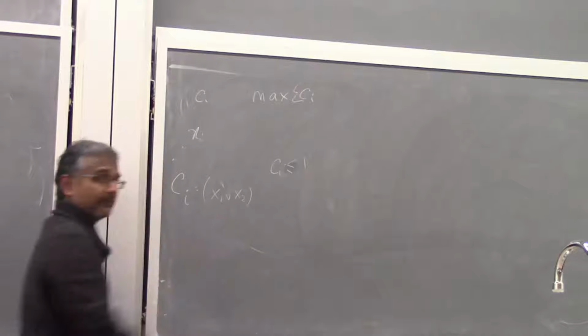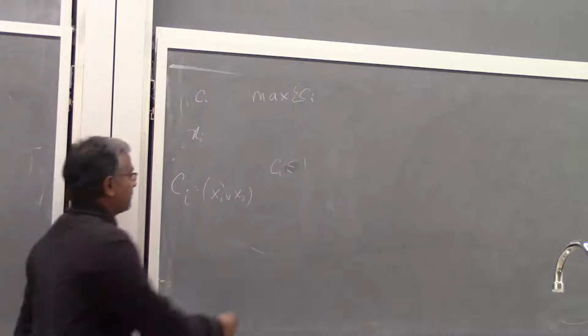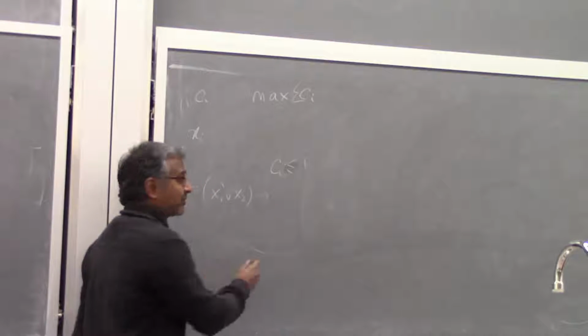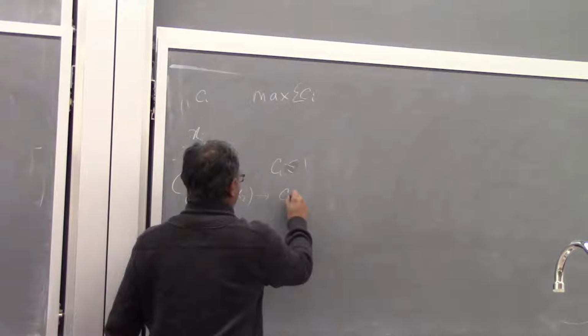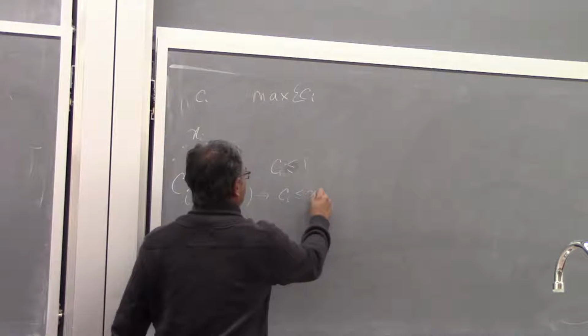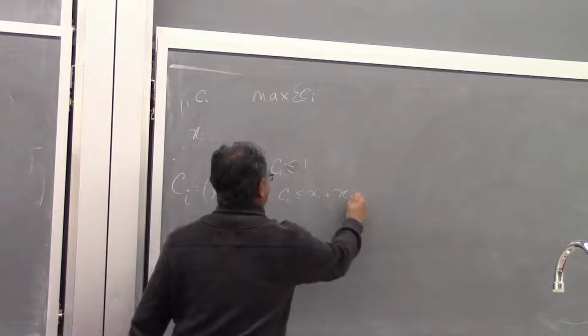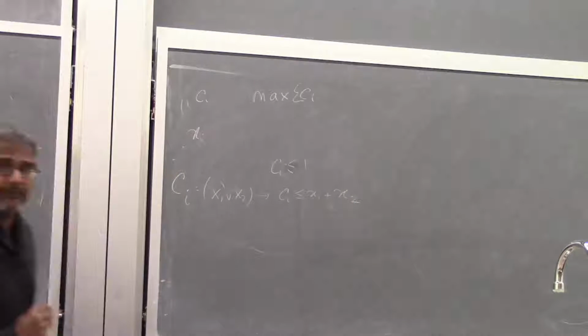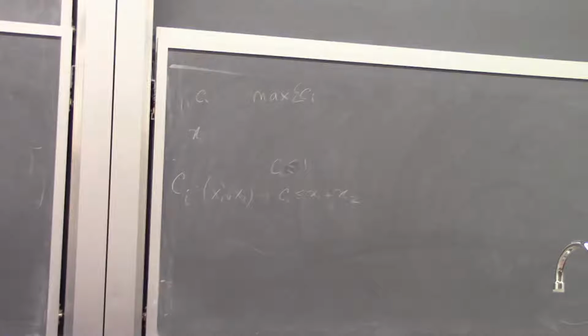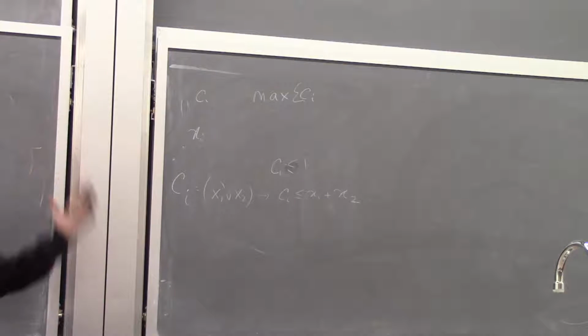Let's say this is our example, right? So the claim is we will write for this clause the constraint ci is less than or equal to x1 plus x2. That's the proposed constraint. And so you write that for all the clauses, and then you're done.